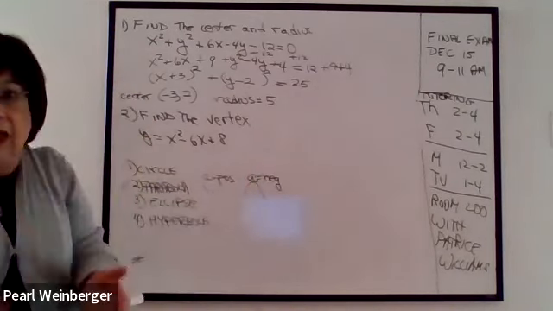It has an x squared plus a y squared, but the reason it's not a circle is because there are numbers in front of the x squared and the y squared, and those two numbers are different. The coefficients of the x squared and the y squared terms are different. Sometimes we have numbers in front of them, sometimes the numbers are denominators, but it doesn't matter. Those are the coefficients and they are different.